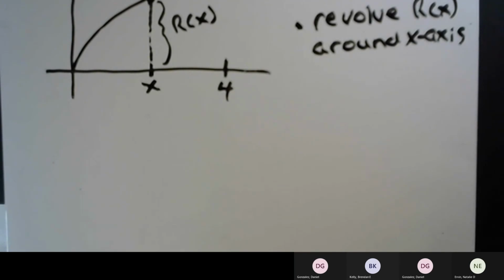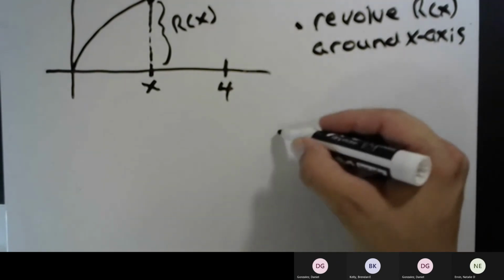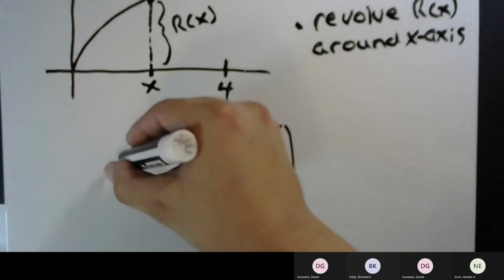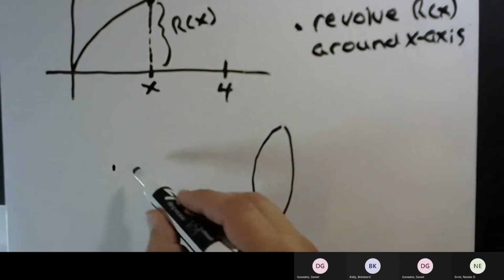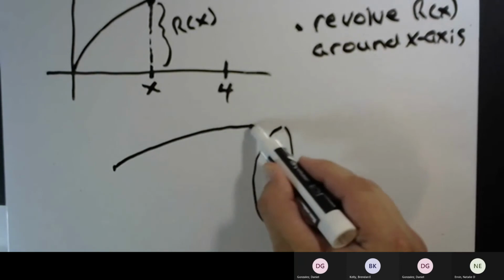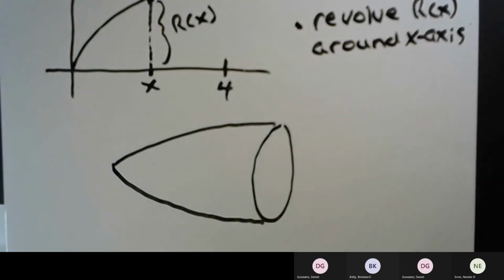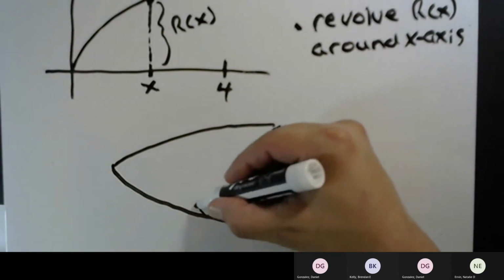So if we do that, we're going to get kind of an interesting shape. And the cool thing about these, we're going to start to get shapes that we don't have the canonical formulas, the ones that have been handed down, for finding certain volumes. This is going to let us find some non-canonical volumes.